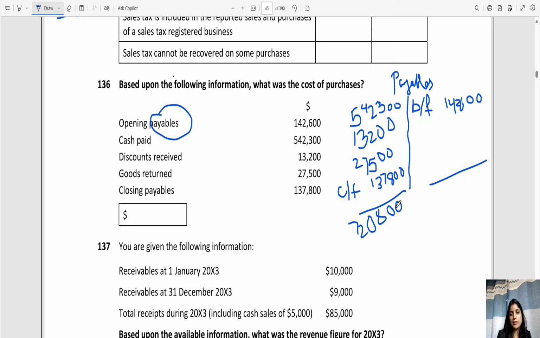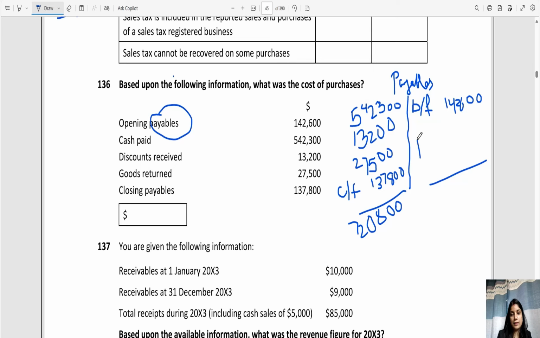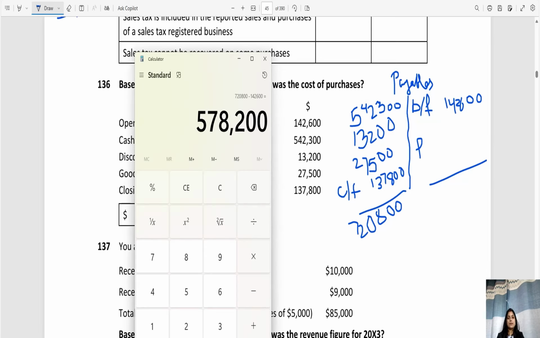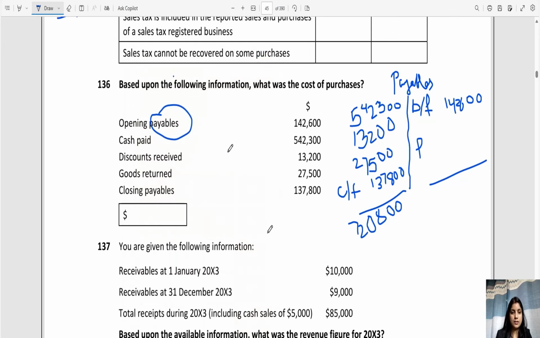And if we move to the credit side, what is the deficit amount? 142,600. If we subtract this amount, the remaining will be the purchase, and the amount is straightforward. What's the amount? It's 578,200. All right. So next question.